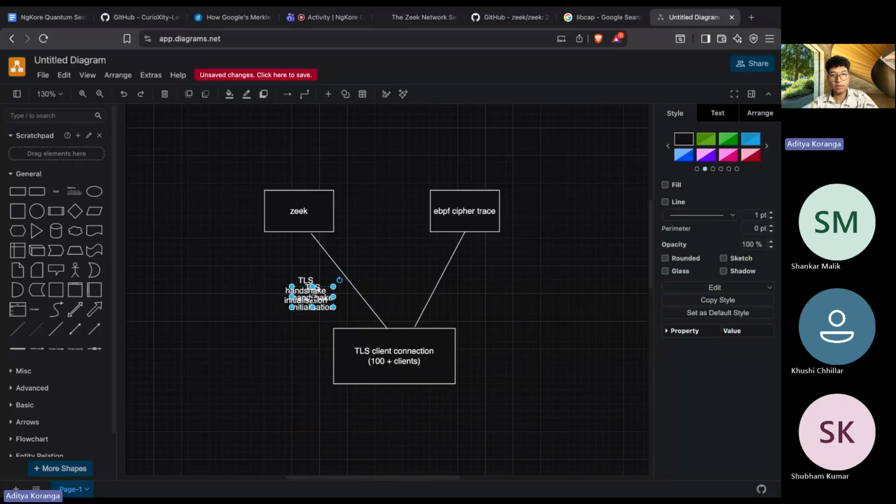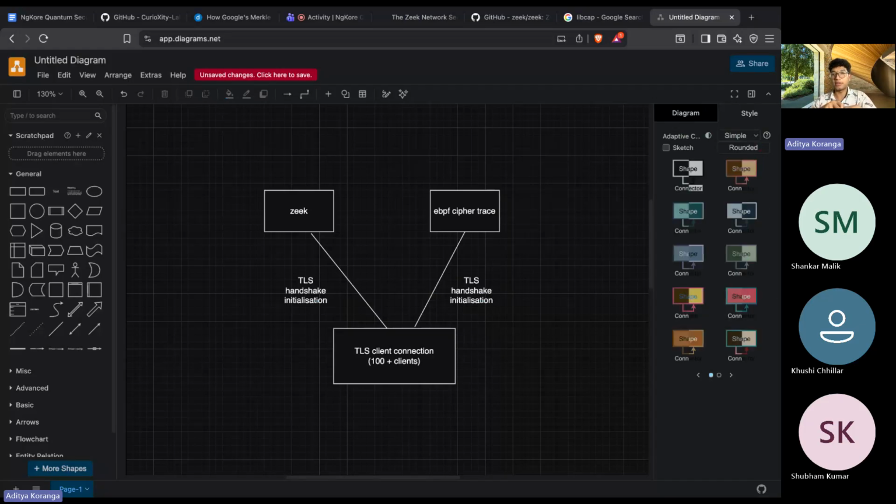And these will happen very randomly because we are trying to simulate a live environment where a TCP connection is very random. It does not occur every 10 seconds or something.